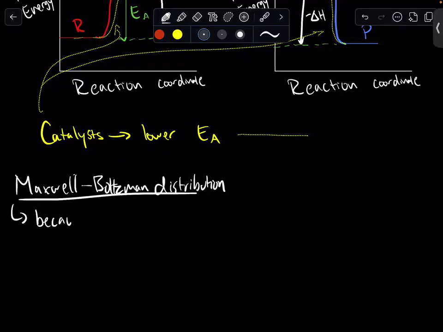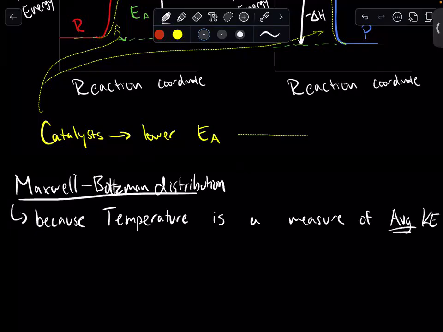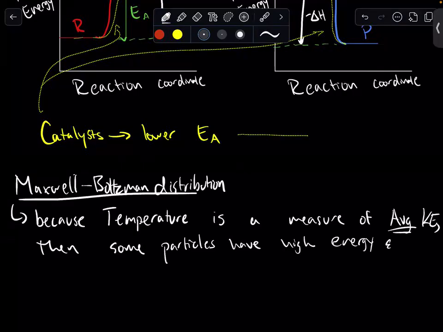And because temperature is a measure of average, and the key word here is average kinetic energy, then some particles have high energy and some have low energy, but most have a middle amount of energy.